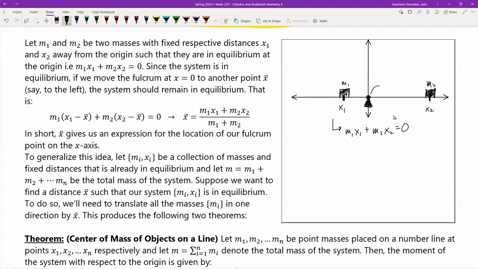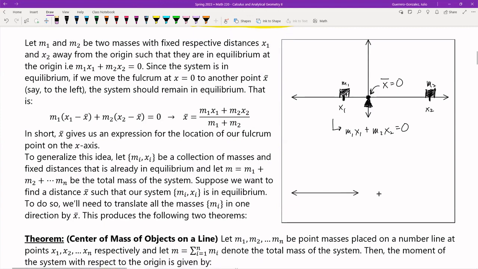What we say here is that this is our x bar. This is going to be the location of our fulcrum. In this case, we know that our fulcrum is 0, because we said we're going to balance it over the origin.